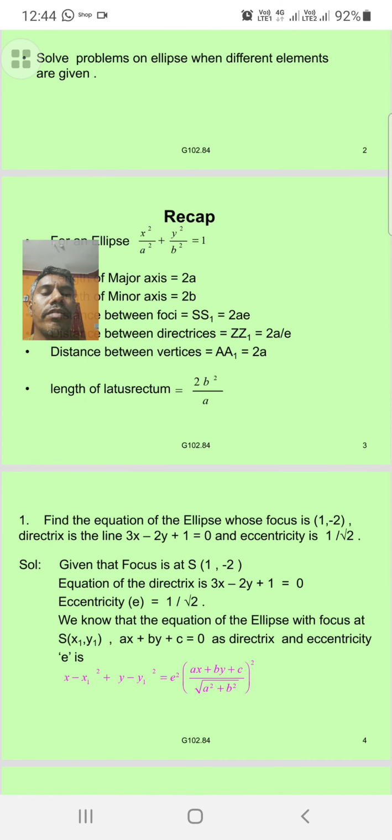So mostly, if you observe, three types of questions are asked.